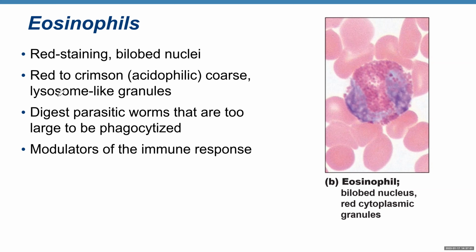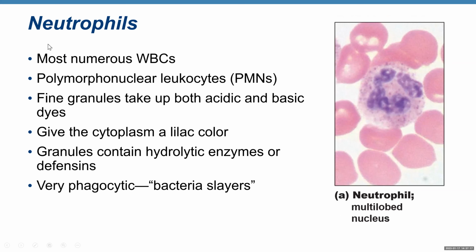has lysosome-like granules, digest parasitic worms that are too large to be phagocytized, modulator of the immune response. So let's go back, because neutrophils are the major white blood cells that fight bacteria.